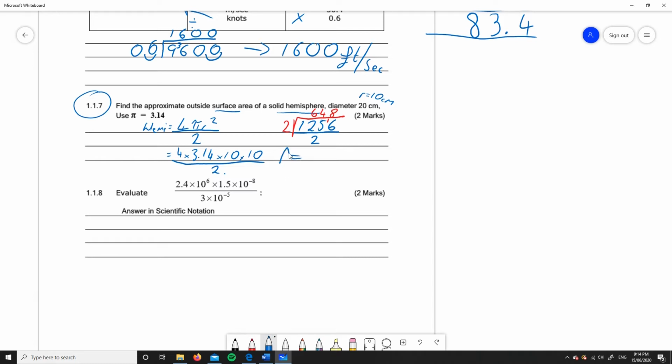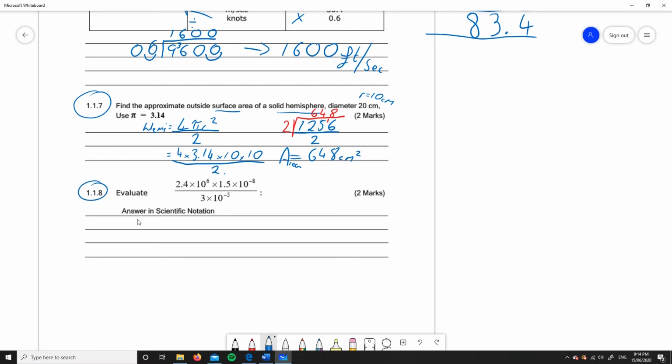So the area of the outside of that hemisphere is going to be 648 square centimeters.